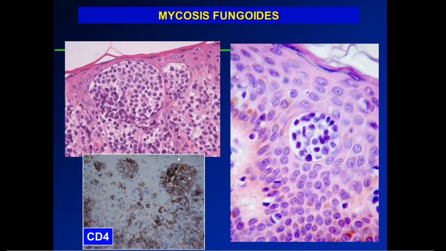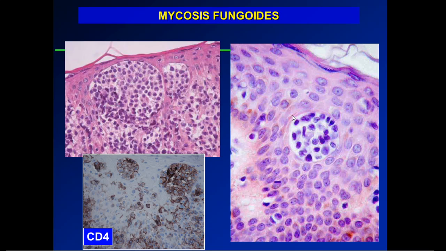So what do we have microscopically? Microscopically, we have specific clusters of tumor cells inside the epidermis, very easy to see here.